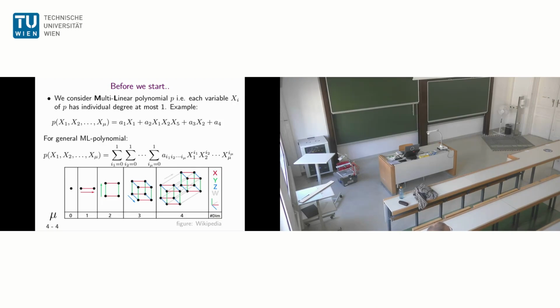You could imagine a multilinear polynomial represented in some hypercube arrangement of all its coefficients. If we have four variables, then this would be the space we require to store it. So 2 to the 4 coefficients are sufficient to represent it entirely.